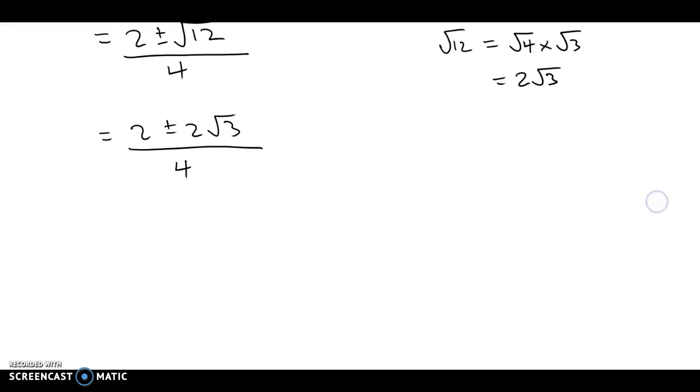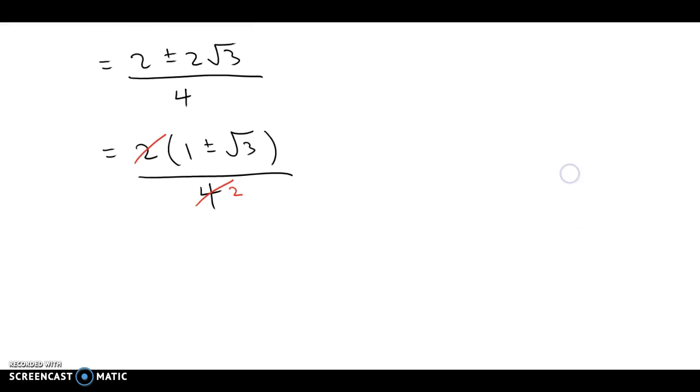Hopefully what you can notice now is that we've got a common factor of 2 that we could take out from this numerator. So let's factorize out a 2: 1 plus or minus root 3, over 4. We can cancel that 2 with this 4, making that a 2.